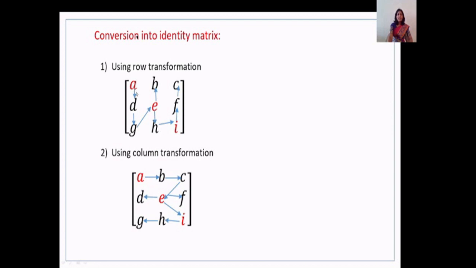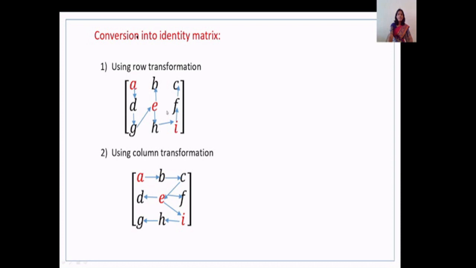Using this element we make D and G 0. Then make E 1 using transformation, and B and H 0. Then we make I 1 and F and C 0. So we go in this way, in a vertical way. Then we will get the identity matrix 1 0 0, 0 1 0 and 0 0 1.